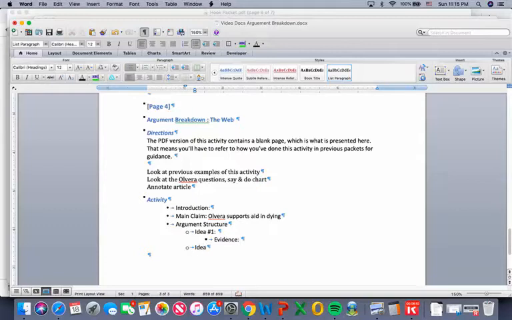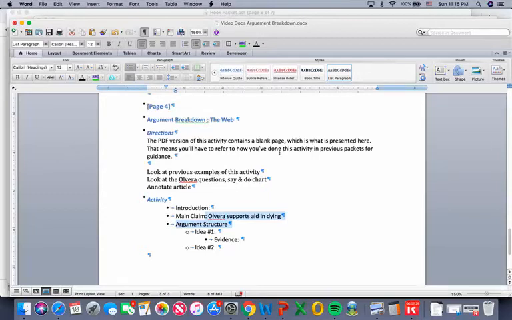It's unclear at this point how many ideas we're going to have, but we're going to do some analysis of the questions, of the say and do chart, and also annotate the article to get some thoughts about the argument structure, the main ideas that support Olvera's claim that aid in dying is a good thing.